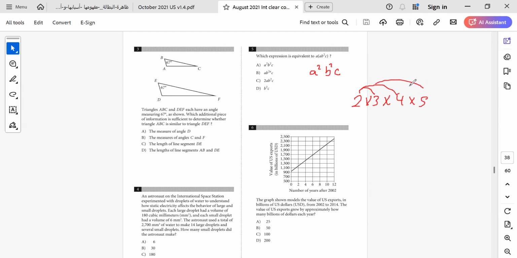No. Just multiply 2 by 3, 6, then 4 times 5, 20, then 6 times 20. That's what happened: A multiplied by A. I can only multiply A with A to add the power. That's it, B squared and C will remain the same.